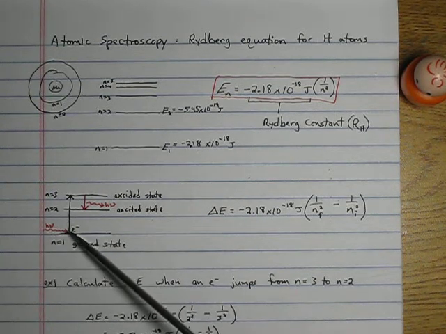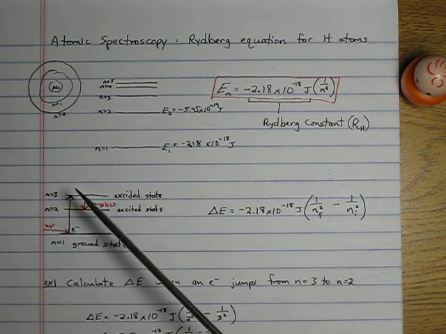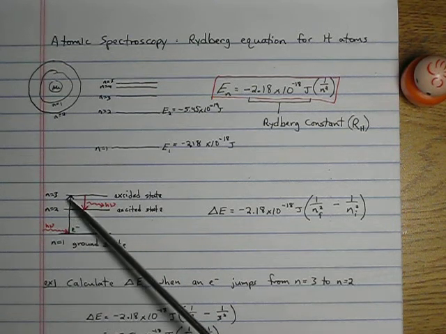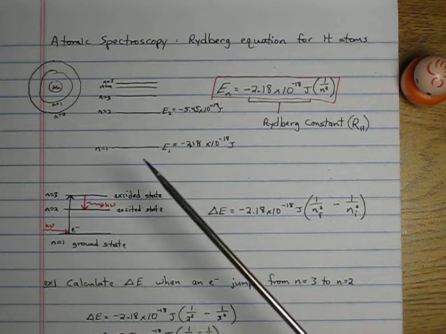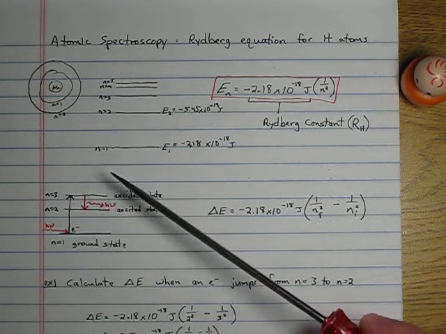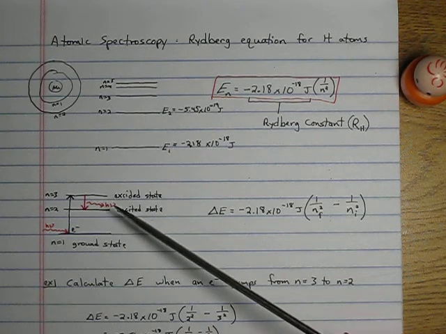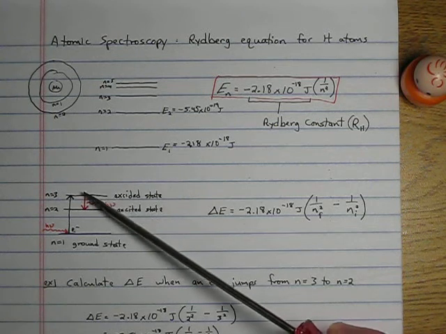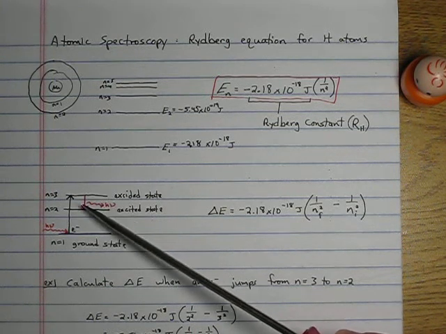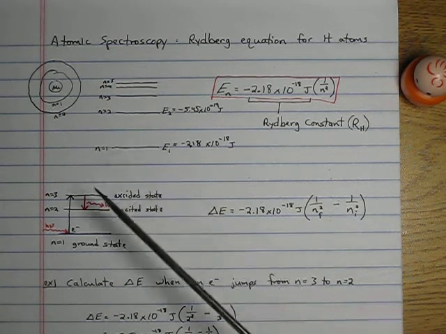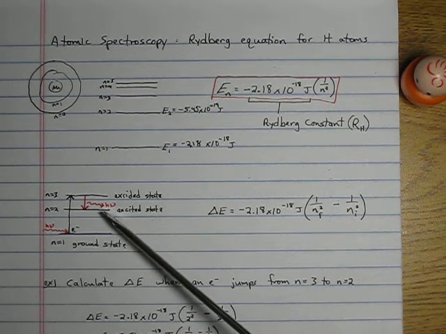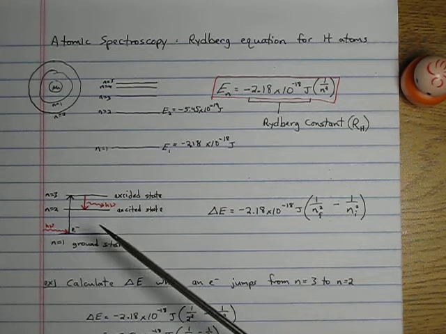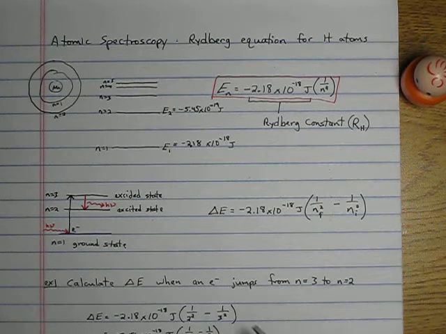Or the electron absorbed energy from light and jumped to the n equals 3 excited state up here. And while in n equals 3, perhaps it jumped down to the n equals 2 excited state. Well, if it lost energy by jumping down to a more stable orbital, then it had to give off a wavelength of light. And you can calculate the wavelength of light.